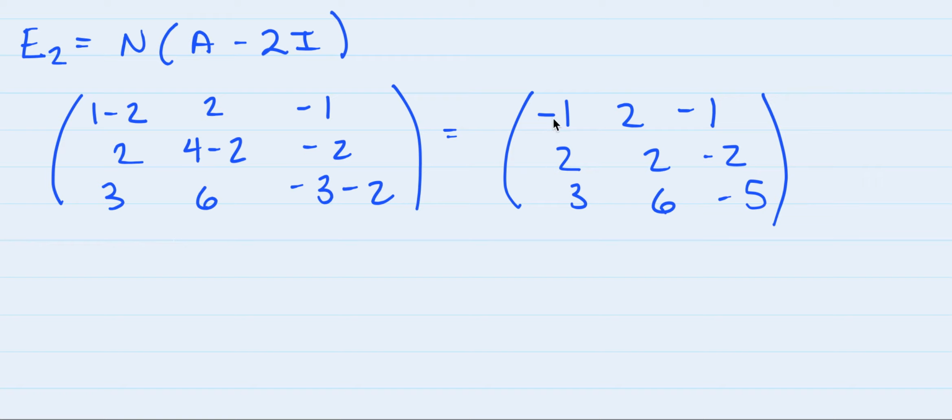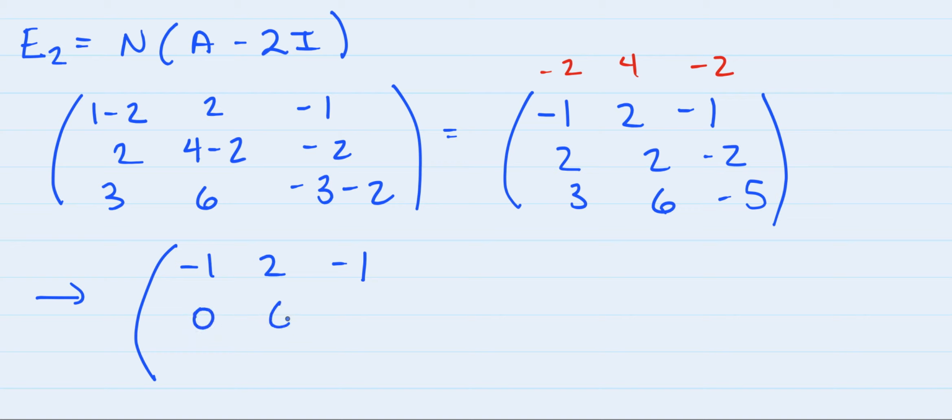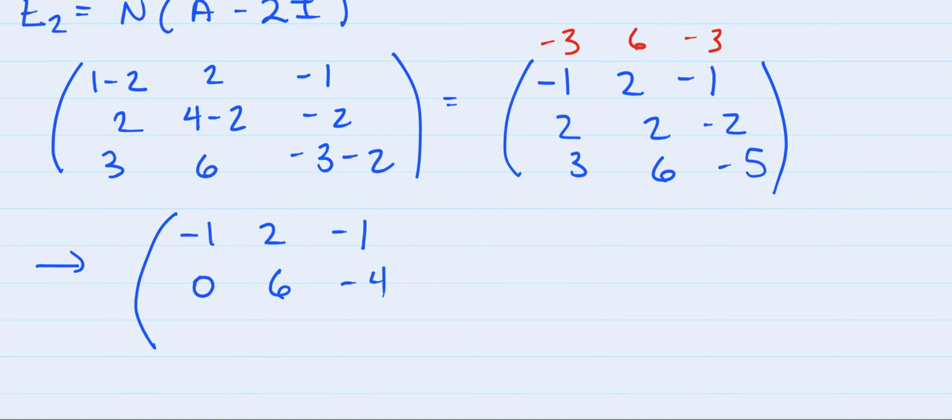I'm going to multiply the first row by 2 and add it to the second row. And then I can also multiply the first row by 3 and add it to the last row.